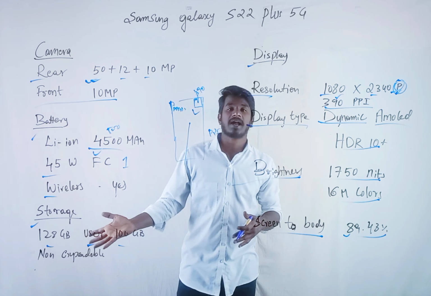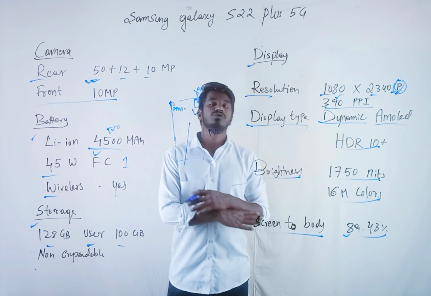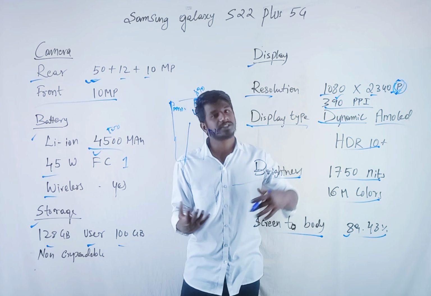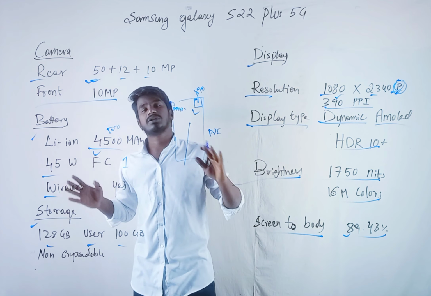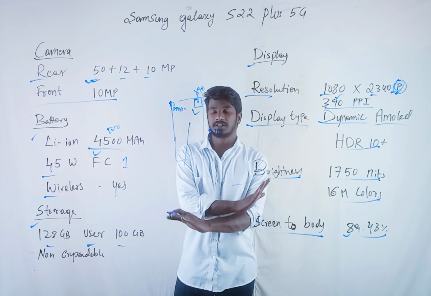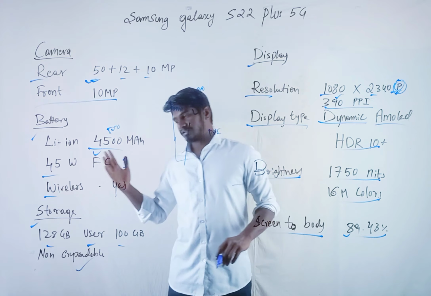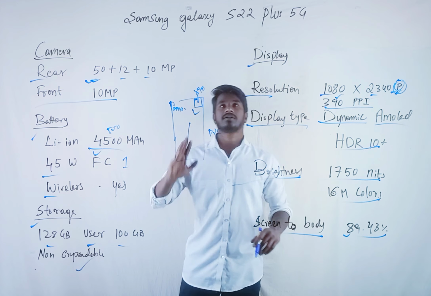There is no expandable memory. So if you have lots and lots of images, videos, you should not choose this mobile. Completely useless, right? In the sense of storage only, right?